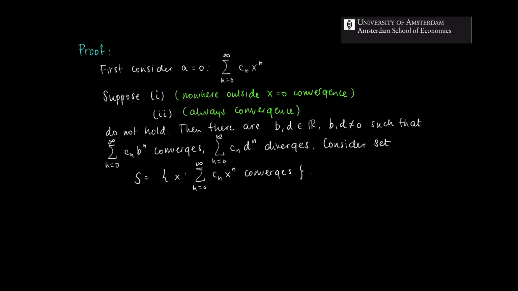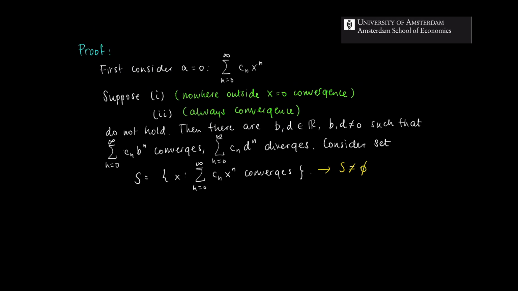Well, this set has some properties, right? First of all, S is not equal to the empty set, since we assume convergence for b, for instance. So the first conclusion is S is not equal to the empty set.